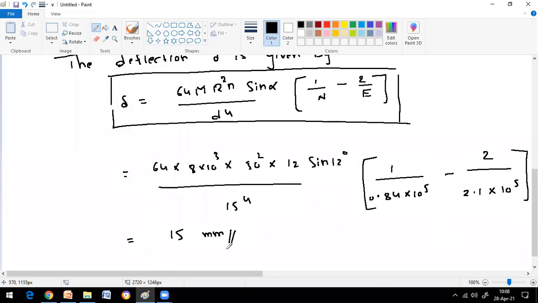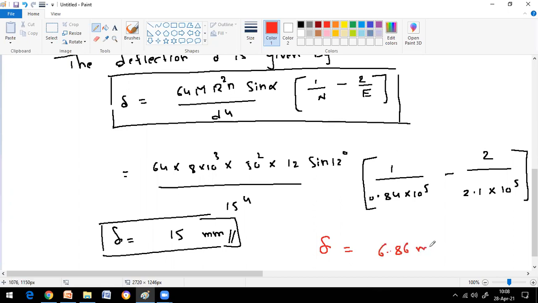See, this is the deflection for torque. What is the deflection for an axial load? You can see it: 6.86 mm.